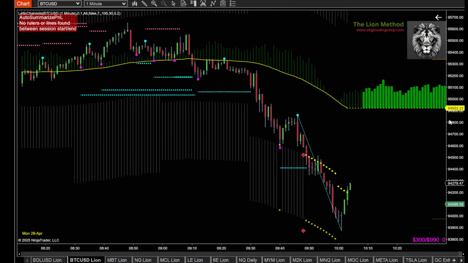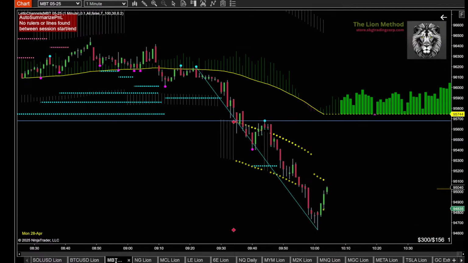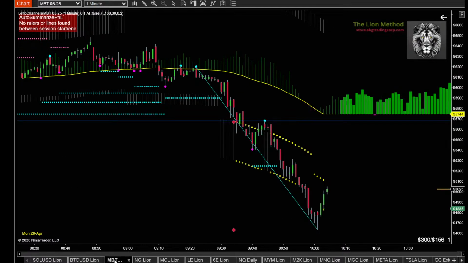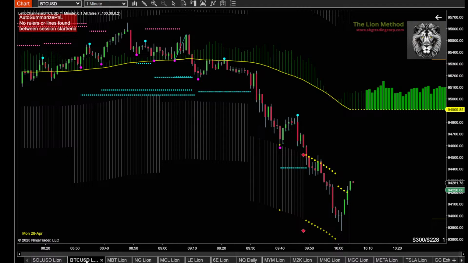So here's the Bitcoin cash. Yeah, so the cash market is showing Bitcoin at 94,268, but the futures is about 800 points higher. So they're thinking that Bitcoin is going to be higher priced in the future.